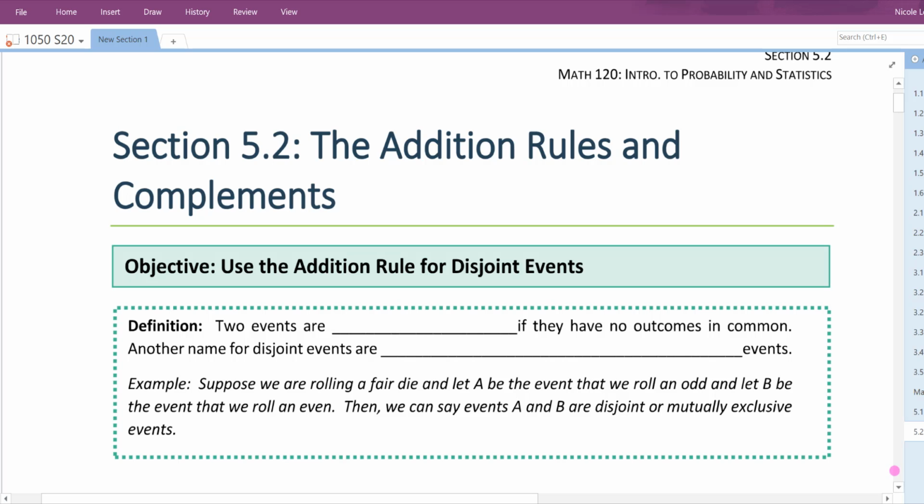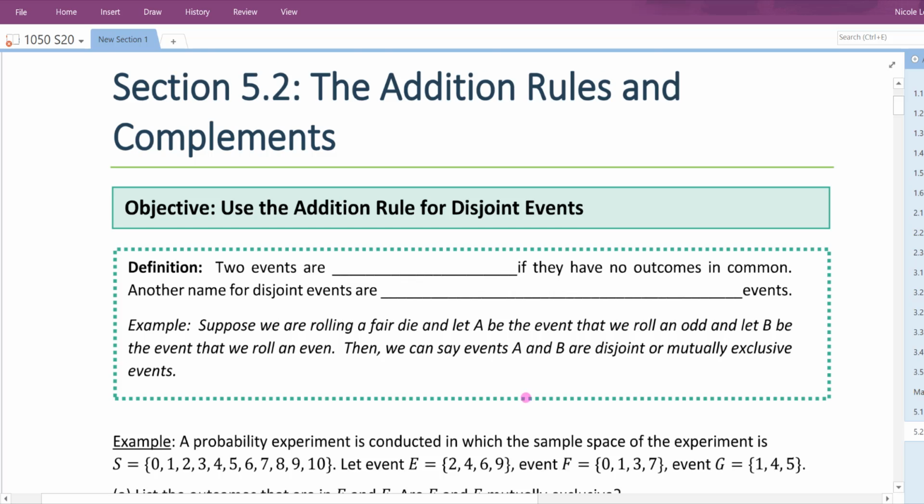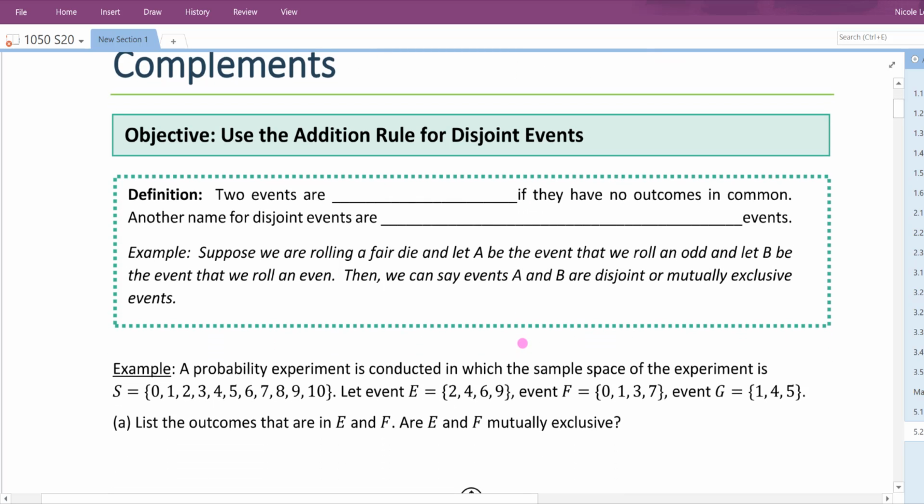So in order to discuss the first addition rule, we first need to know what we mean by disjoint events or mutually exclusive events. So let's look at that definition first. It says here that two events are disjoint.